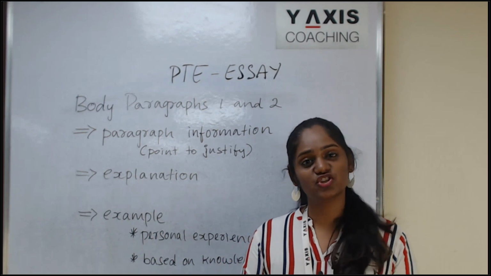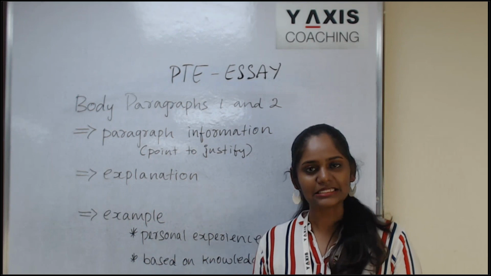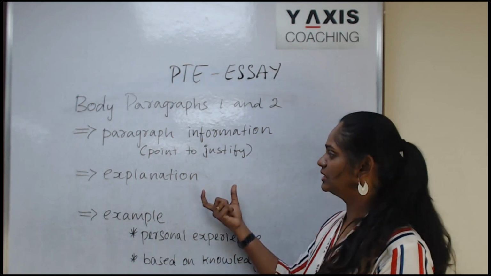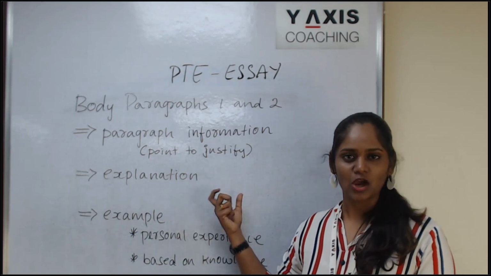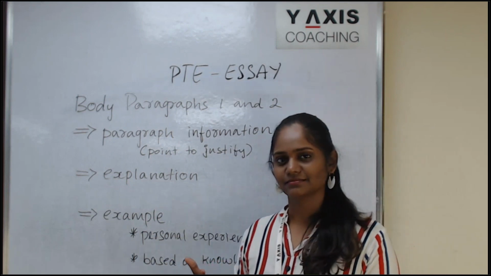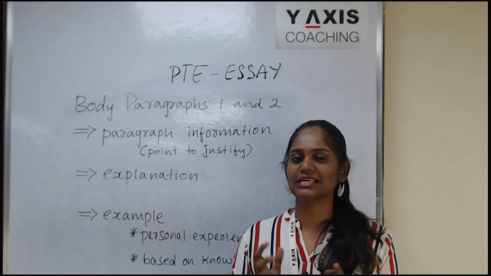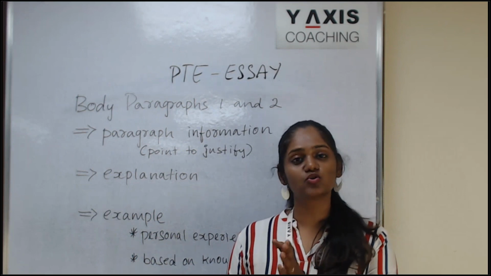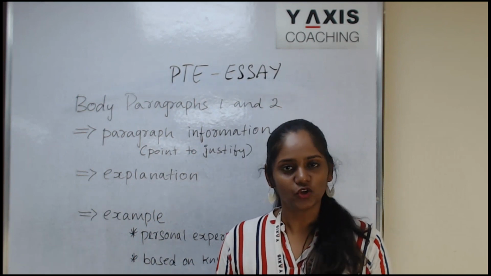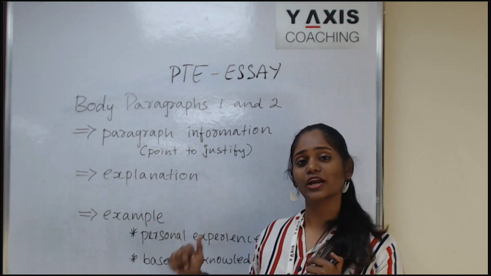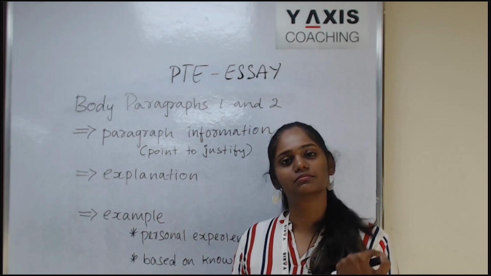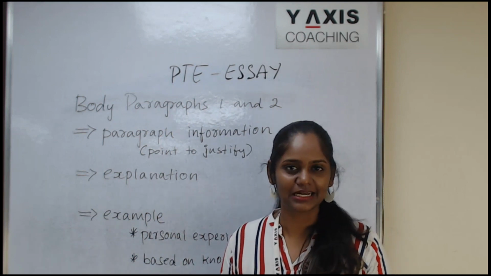Your points to justify, and followed by that you will try to explain the same. Whatever point you make, you will make a point first and then continue to explain. If you say that practical learning is always better than theoretical learning, you will continue to explain why you make this point that practical learning is always better than theoretical learning.